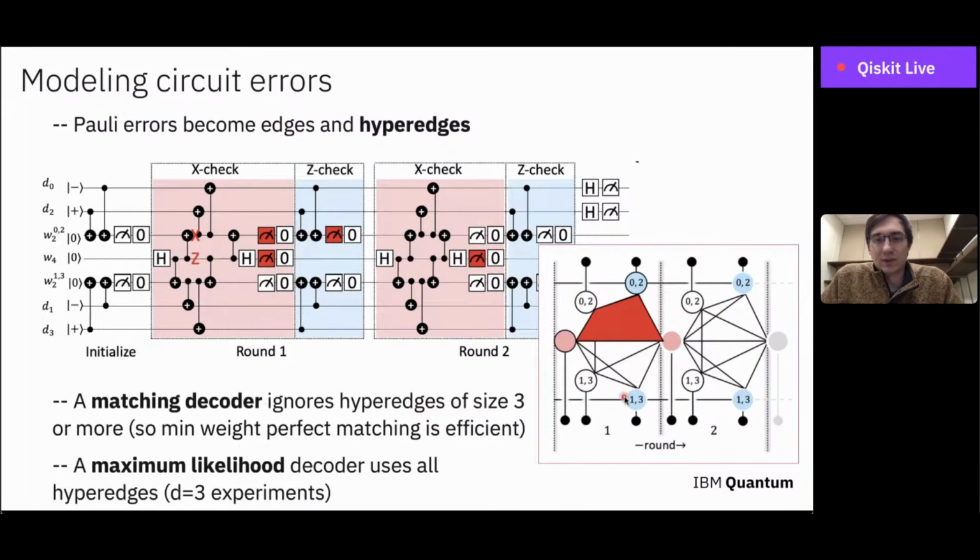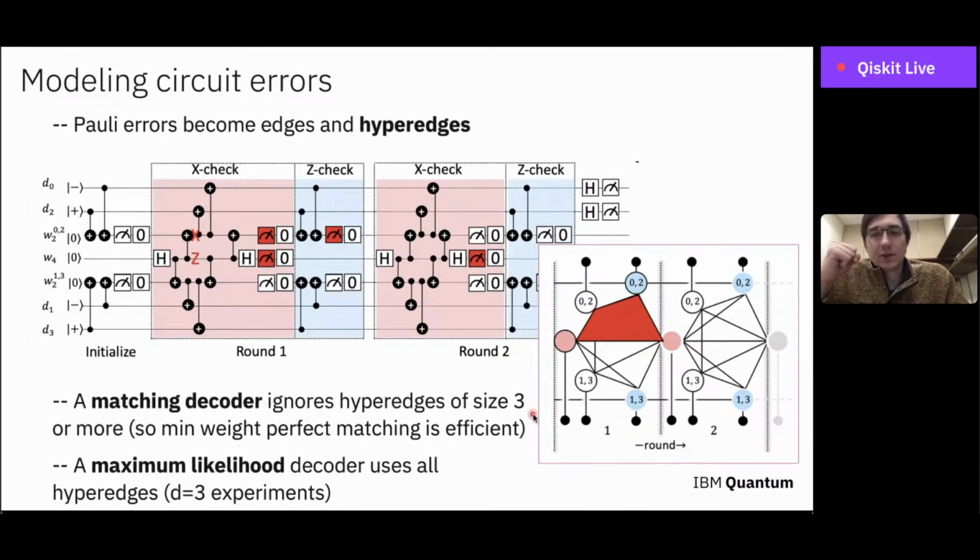So a hyperedge of size 2 is just an edge. A hyperedge of size 3 or more, the matching decoder ignores this. And the reason it ignores it is so that we can make the algorithm efficient. So minimum weight perfect matching is a problem on these graphs where you try to match up a set of highlighted nodes in pairs, and you try to do that using the minimum weight paths.